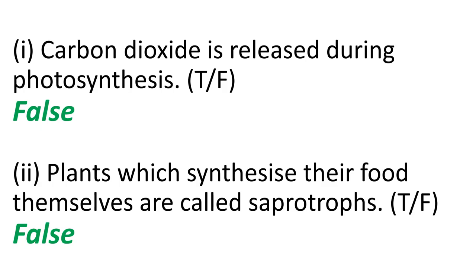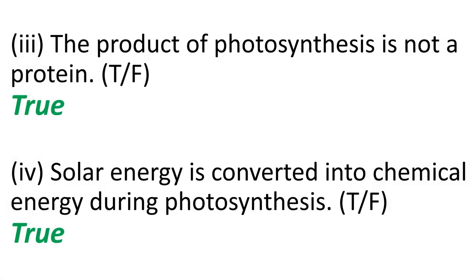Plants which synthesize their food themselves are called saprotrophs. Definitely, it's again a false statement because plants which synthesize their food themselves are called autotrophs or producers. Number 3. The product of photosynthesis is not a protein. Yes, that's true because the product is starch or glucose.